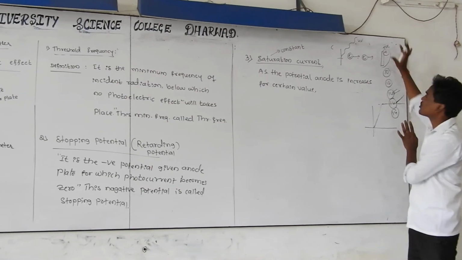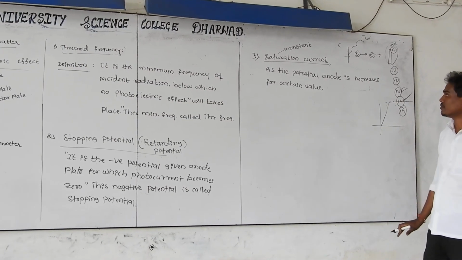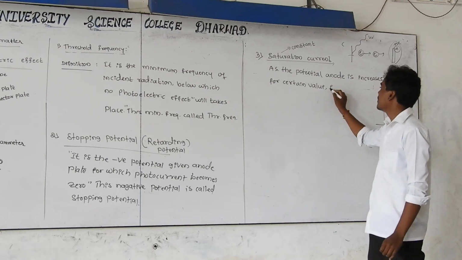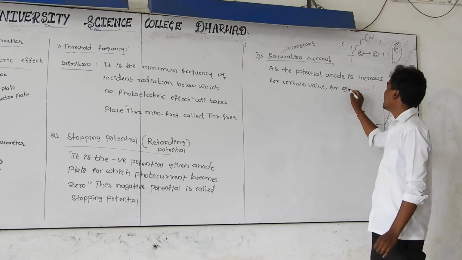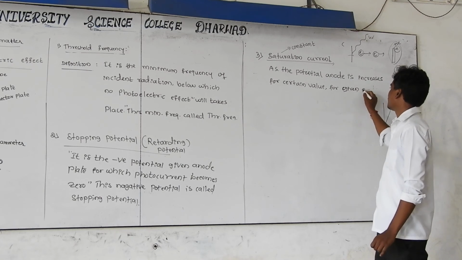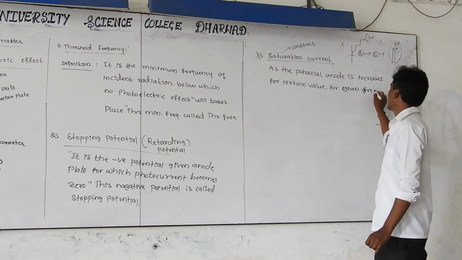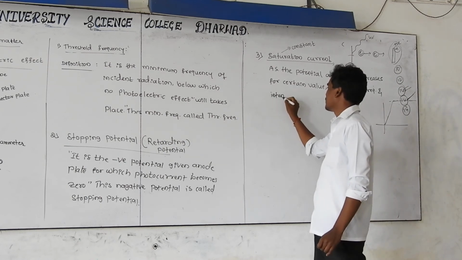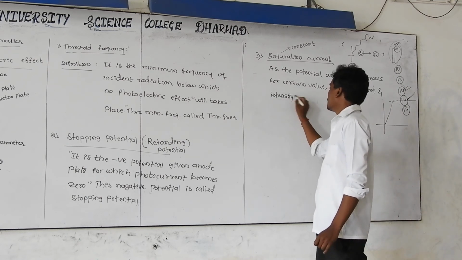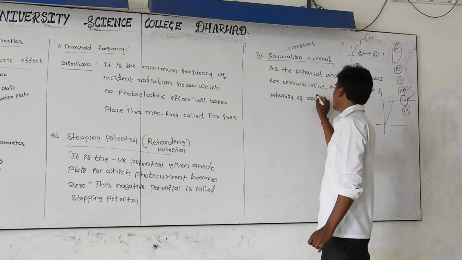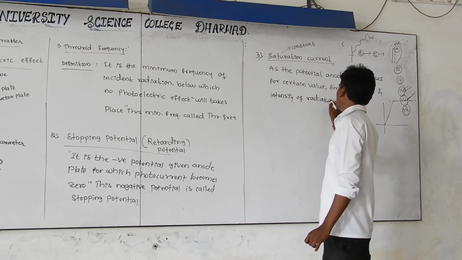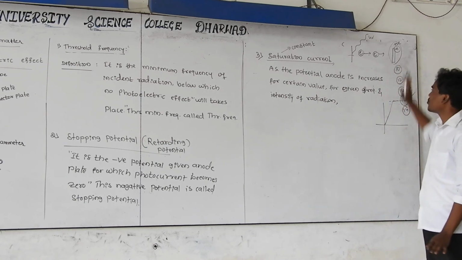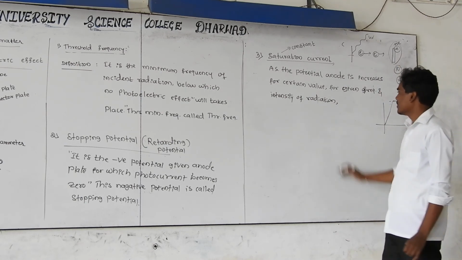Just change the positive potential of the anode plate, for a given frequency and intensity of incident radiation. The frequency and intensity should be the same. You can just vary the positive potential by using the rheostat.